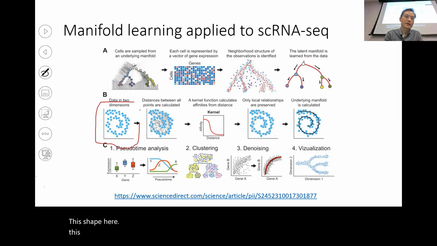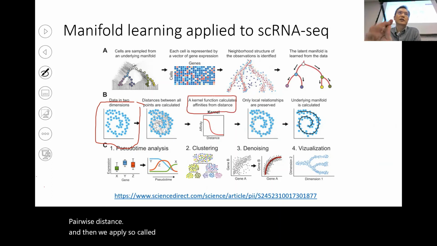As an example, first they compute the distance between all the points. You just compute pairwise distance, and then they apply a so-called kernel function. The kernel function transforms your distance into similarity.